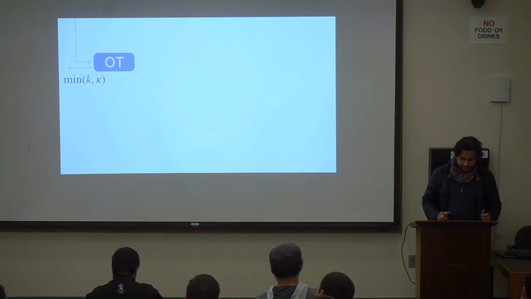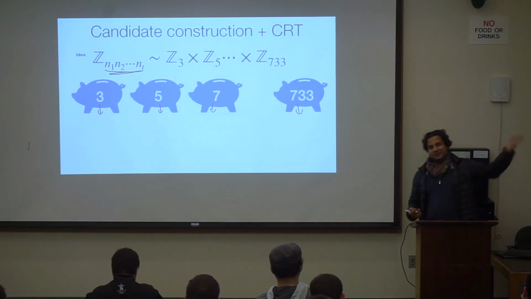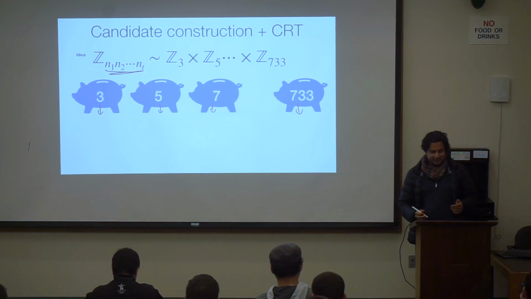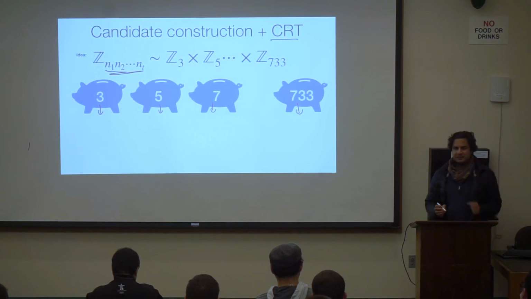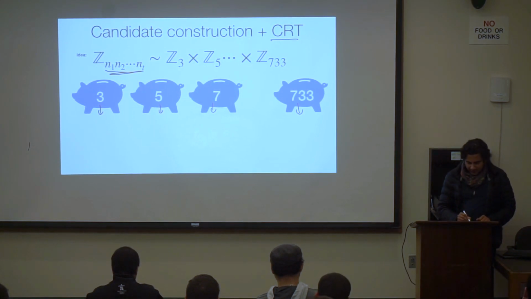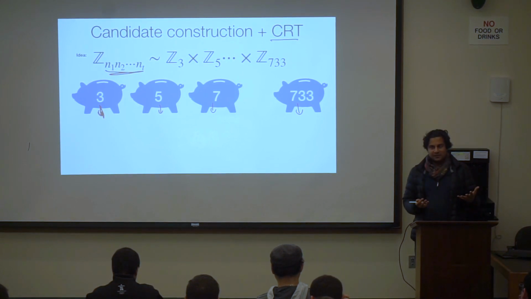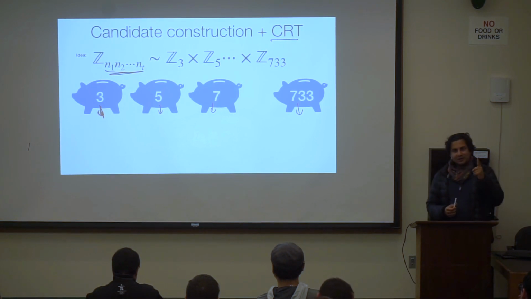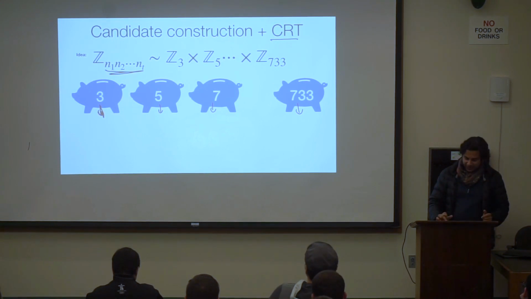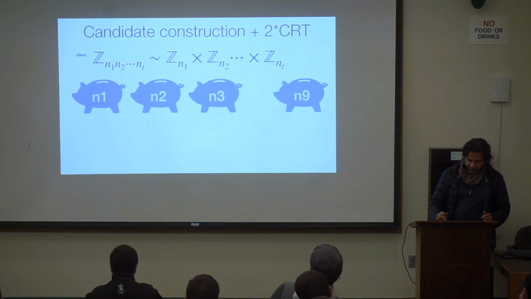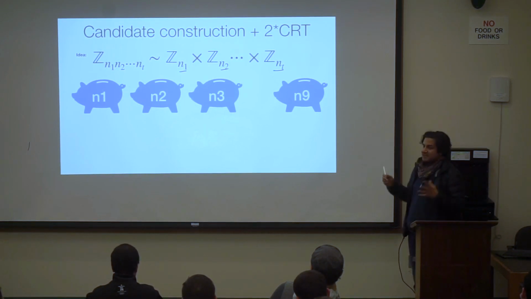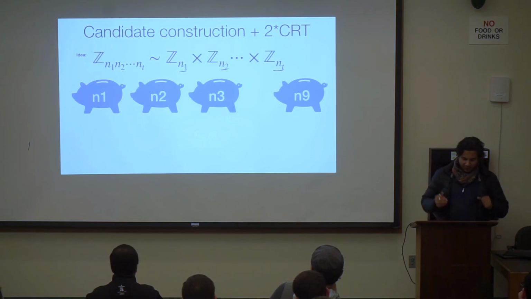Now, if you put the first thing I said together with the second thing I said, we are using the CRT, but let's apply the CRT again. If we want to find a prime mod 3, what are we going to have to be using? OT extensions. And OT extensions are not very efficient with small primes. So we should do some sort of extra packing. Instead of using the small primes, we should again use these small Ns, which are products of primes.